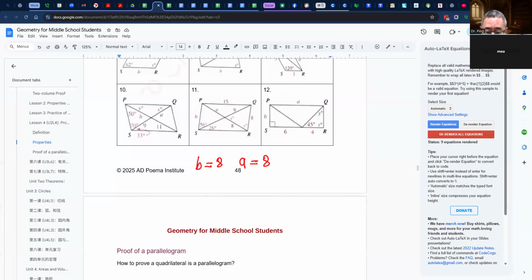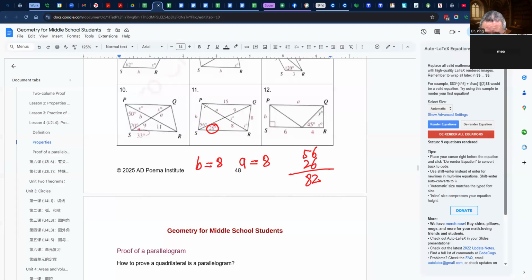Wonderful. So now we just need to look at what X and Y are. Well, we know this angle is 26, and the whole thing here is 56 plus 26, which is 82.